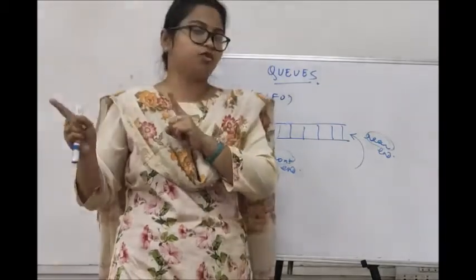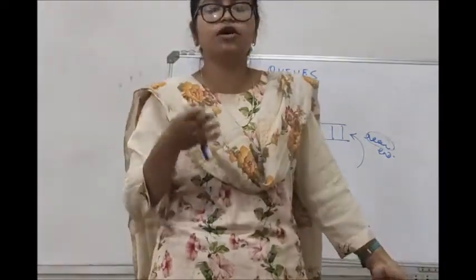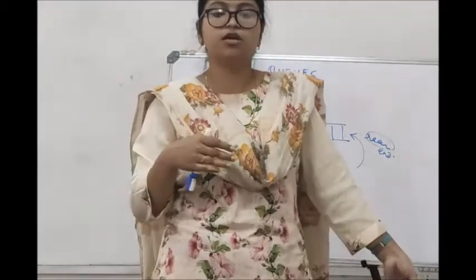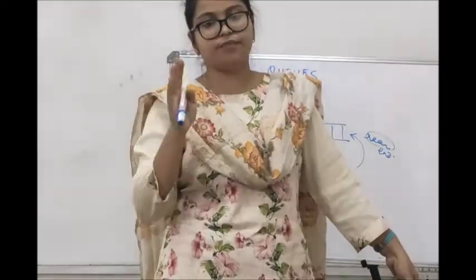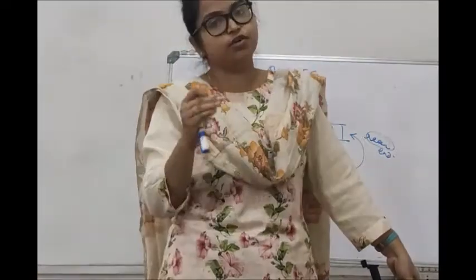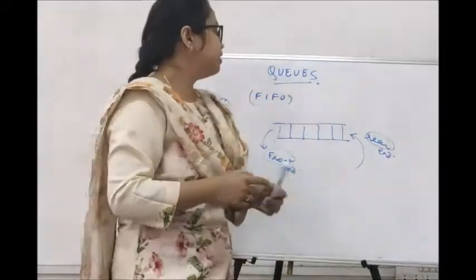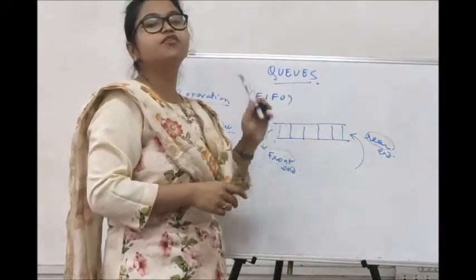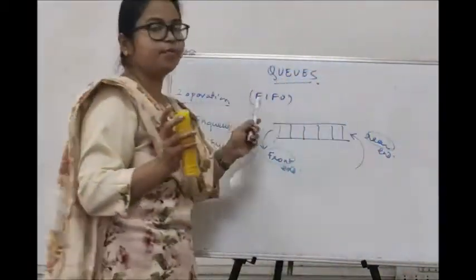You can compare queue with the railway ticketing system or any service-based system in which the person who arrives first is served first. So that's why it is said to be working in FIFO manner.